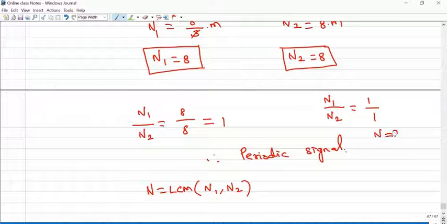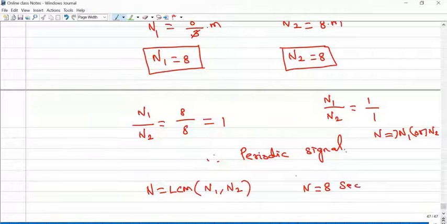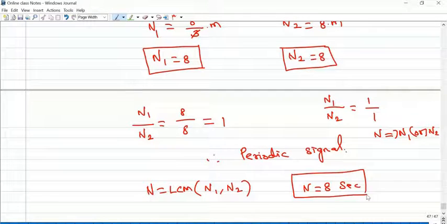So N represents either n1 or n2. 1 dot n1 equal to 1 dot n2. So N equal to 8 seconds. Okay. So in this example, the fundamental time period of the signal equals 8 seconds.